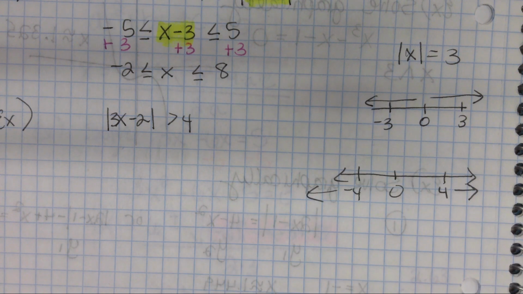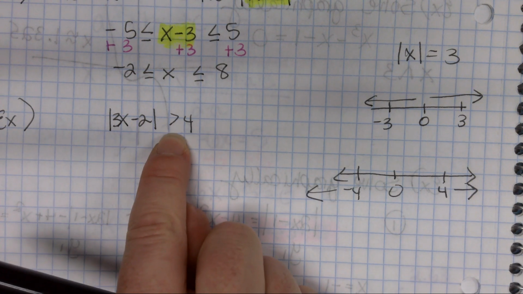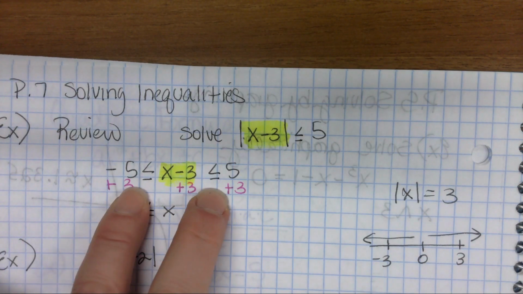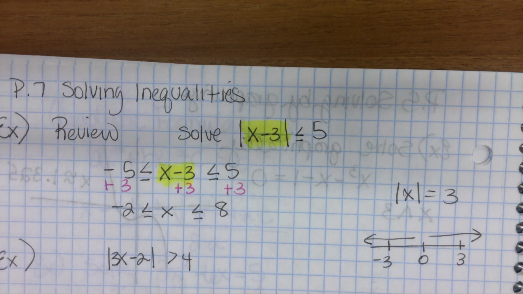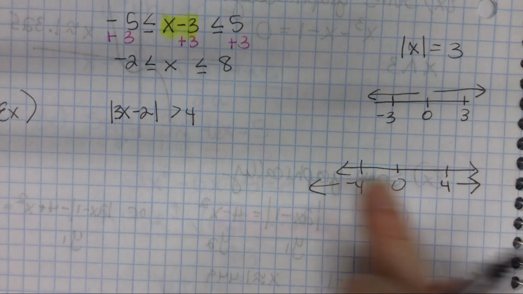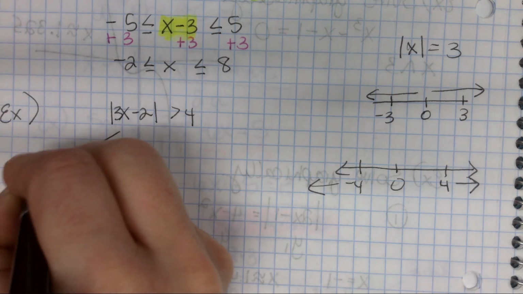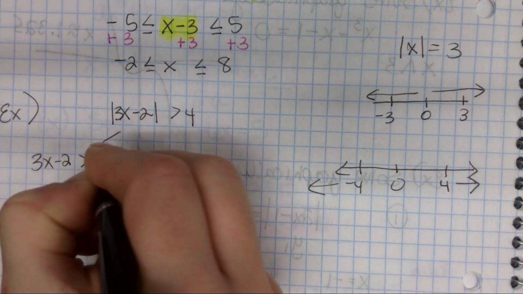When you're solving an absolute value inequality that's a greater than, you can't write it as one, because it's not between, you have to solve the two separate ones, because they're two separate things. So I'm going to take what's in there, and I'm going to set it greater than 4. So one of them is 3x minus 2 is greater than 4.